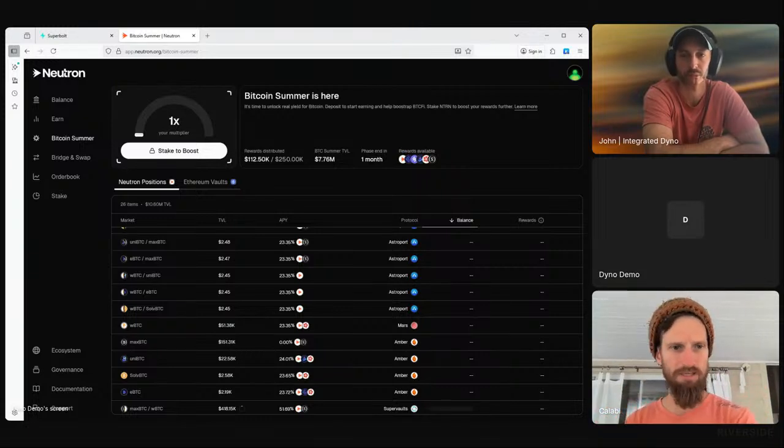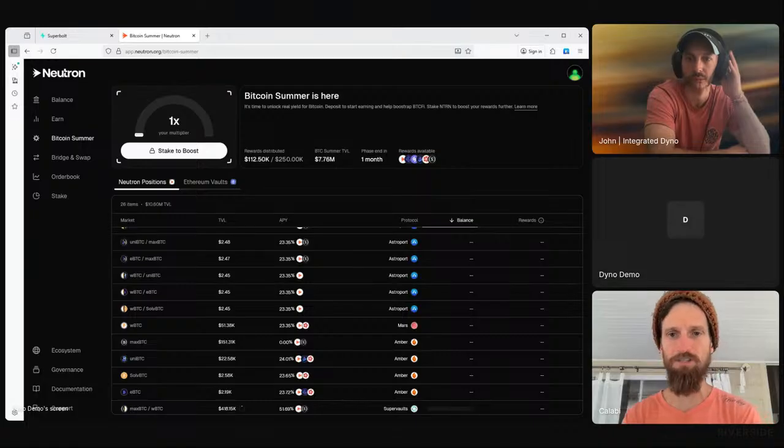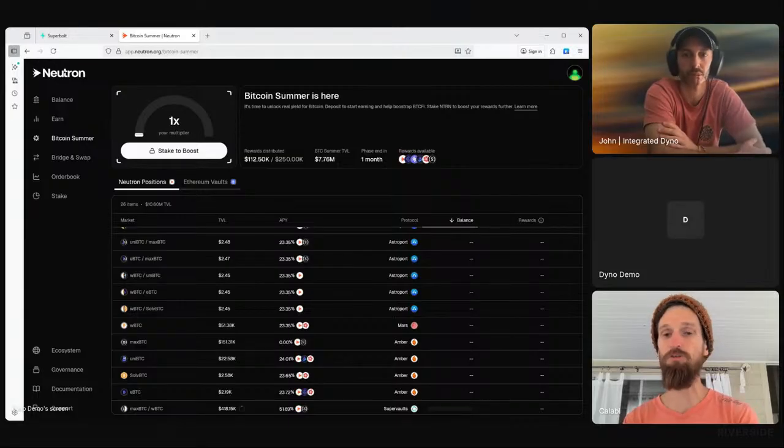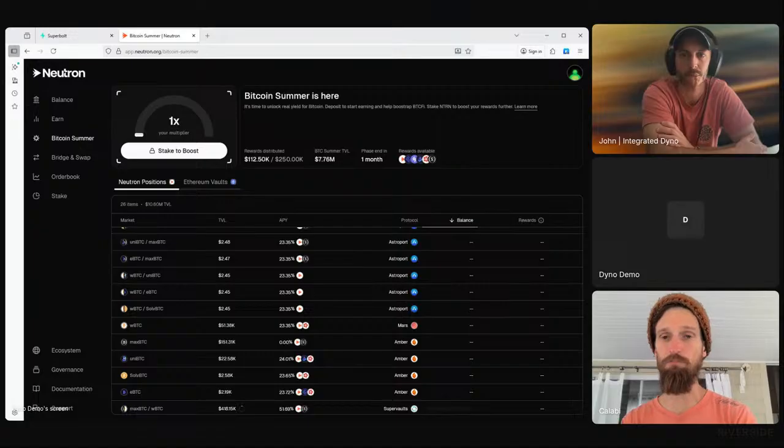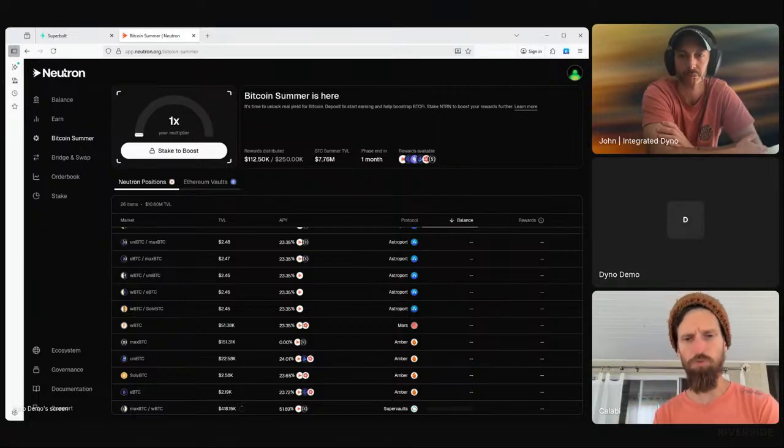But with max BTC and these looping and single-sided strategies, it's definitely a pretty compelling reason to bring some underutilized assets, because I think our utilization on BTC is like 13%. So we still have a good chunk that we could deploy somewhere, because we're really looking to diversify yield streams.